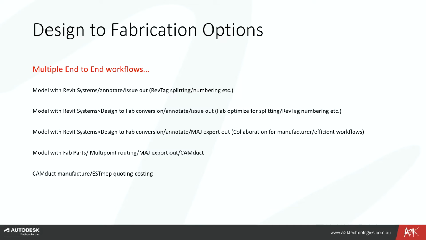With that workflow, we would be using the fabrication optimize option for the splitting. You don't necessarily need RevTag to split the fabrication because that feature is already built in to the fabrication parts in Revit. So you'd use the fabrication optimize tool to split, but you could still use RevTag to do things like the numbering and other detailing tasks as well.